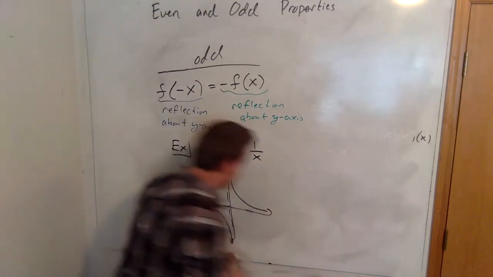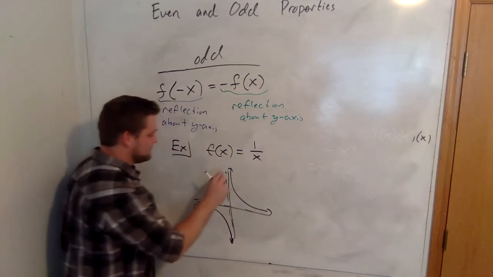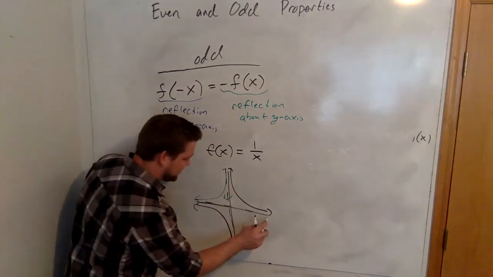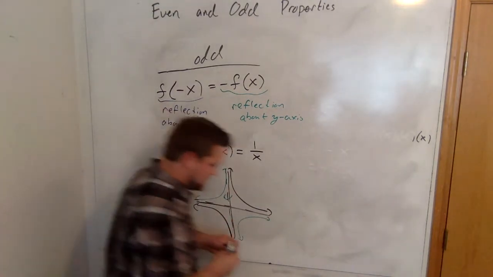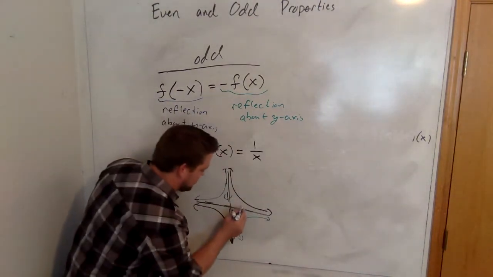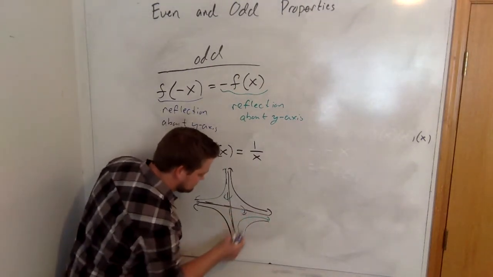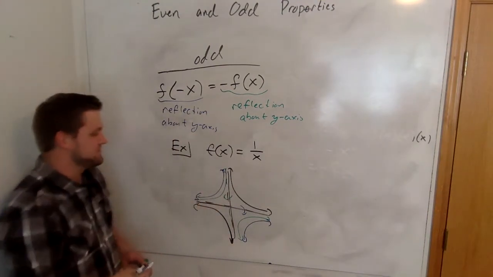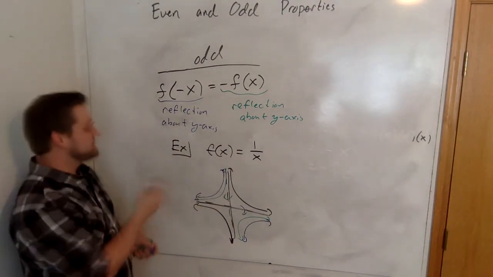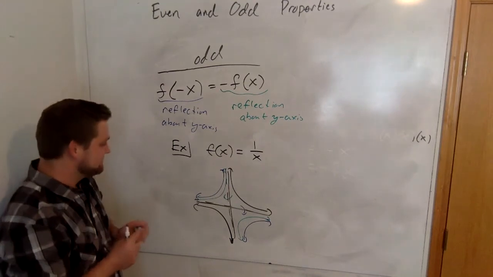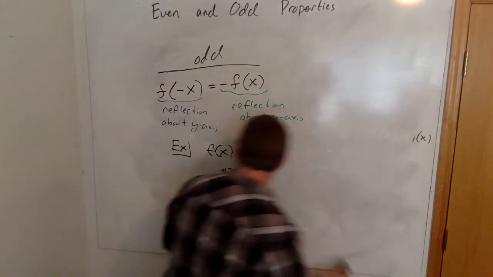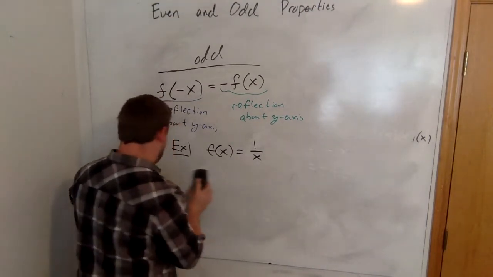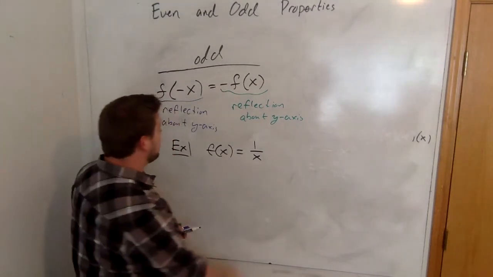Notice that if we reflect this graph over the y-axis this way, it would be the same thing as if we reflected it this way. So I'm not drawing them on top of one another, but I hope you see the pictures would be the same. 1 over x is also an odd function. Okay, with this in mind, can we think of one of our trig functions that is odd?